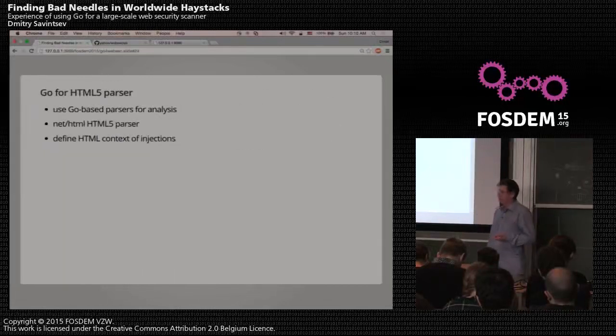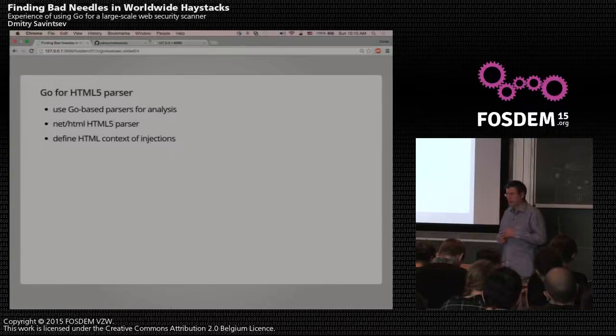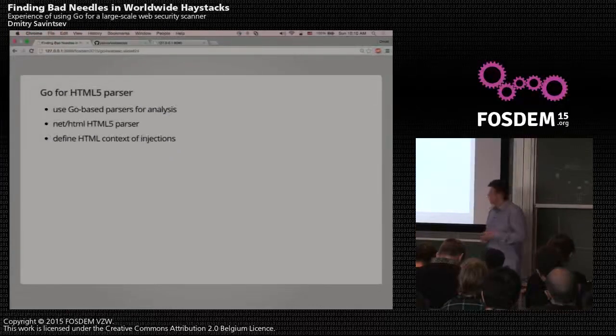Then we modified it to use Go, and we used the HTML5 parser for analysis. And it worked. The HTML5 parser has the tokenizer and the high level parser interface. We use the parser, and it verifies the context of injections, and this way we can handle different injections.